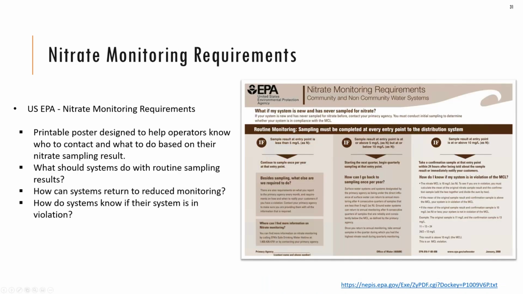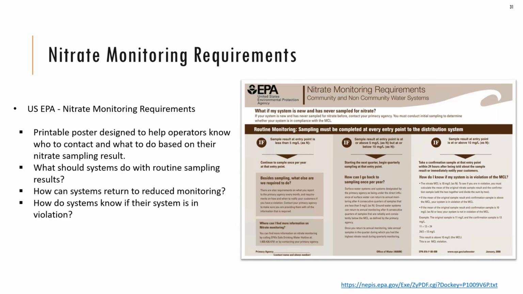This is another fact sheet from EPA that's specifically on nitrate monitoring requirements. It's a one-page printable poster or fact sheet, and it's intended to help operators understand what the routine monitoring requirements are, what systems should do depending on the results of their routine samples, and how systems can achieve reduced monitoring, as well as how to determine if an MCL violation occurs.